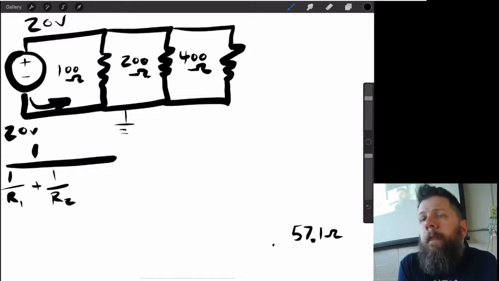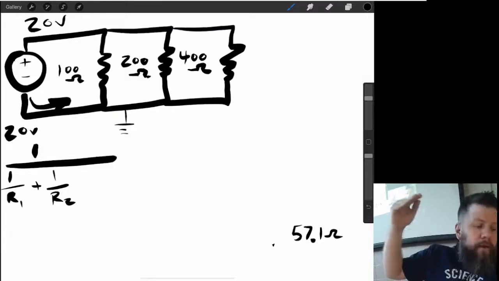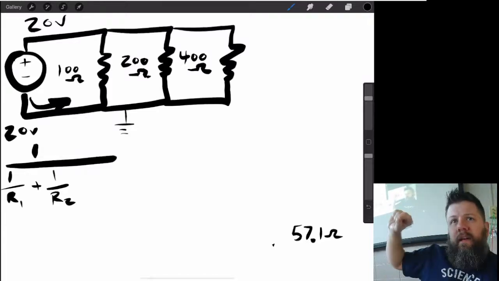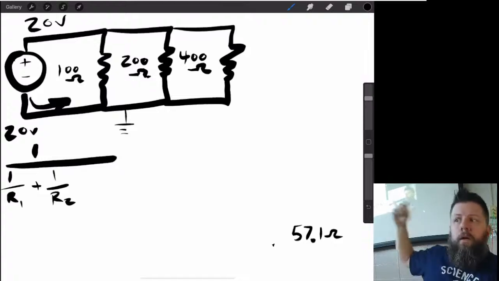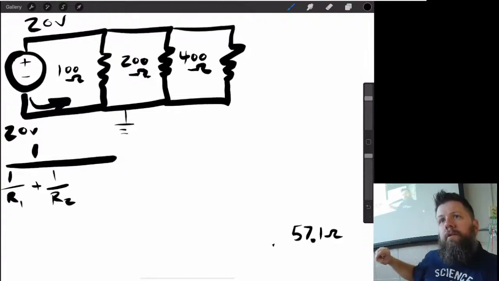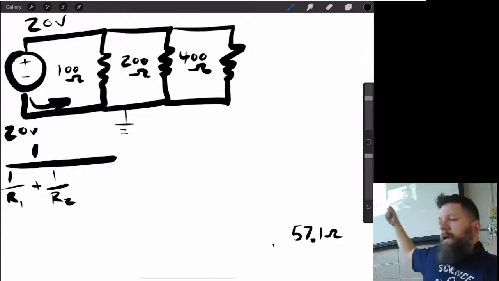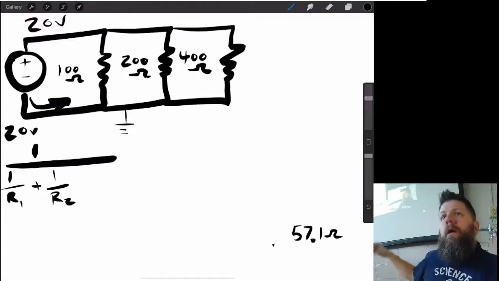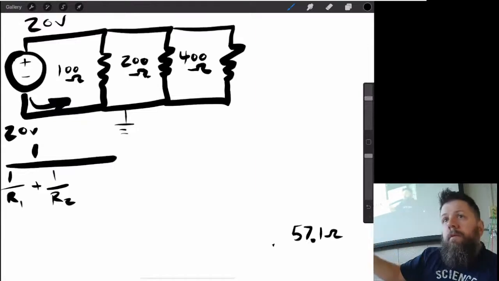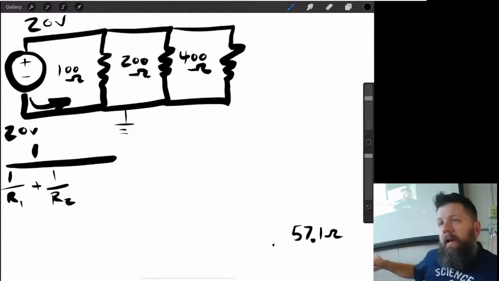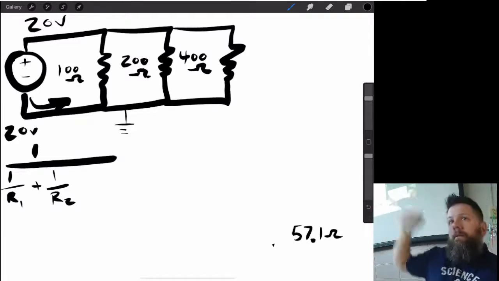Cool. All right, so you could go 1 divided by 100 and get that answer. And then you could go 1 divided by 200 and get that answer. Then you could go 1 divided by 400 and get that answer. And then add all those things up, okay? And then write down that answer and then do 1 divided by that answer.